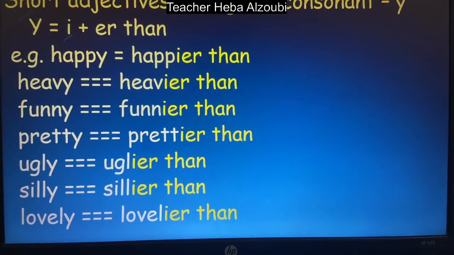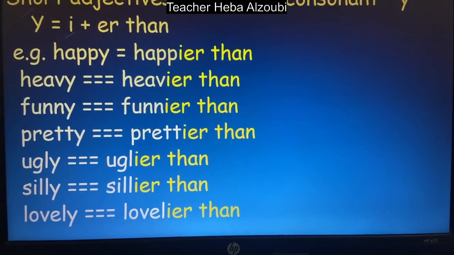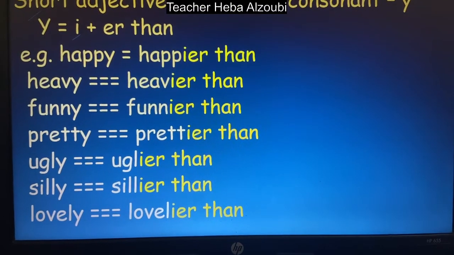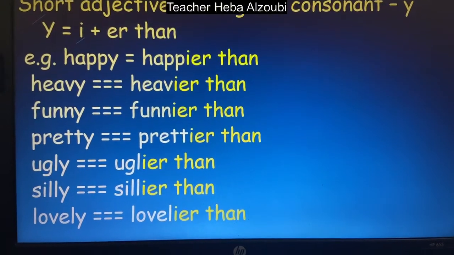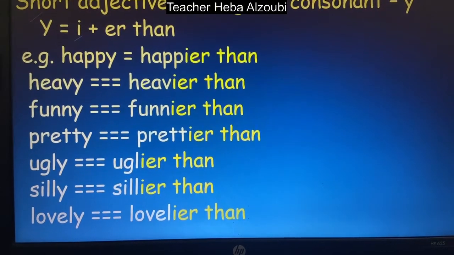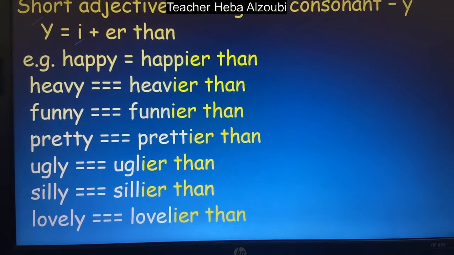Pretty, prettier than. Ugly, uglier than. Silly, sillier than. Lovely, lovelier than. One more time. When the adjective ends with a consonant and Y, we change it into I, then we add ER.